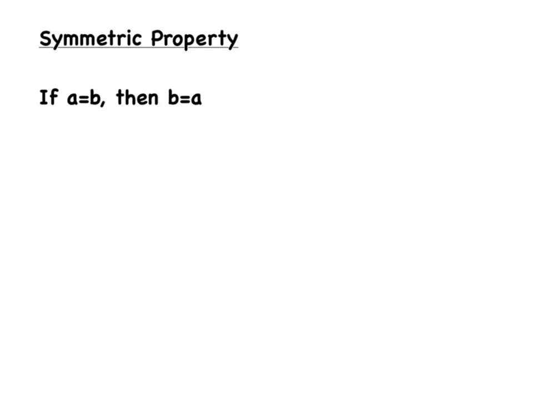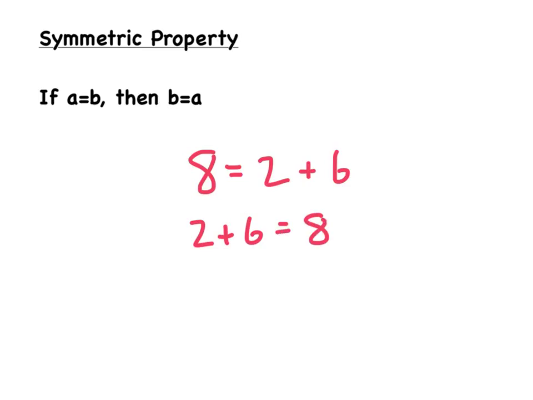Alright, so the symmetric property is a little odd, but it basically states if A equals B, then B equals A. So if the first quantity equals the second quantity, then the second quantity equals the first quantity. For example, if 8 is equal to 2 plus 6, then 2 plus 6 is equal to 8.